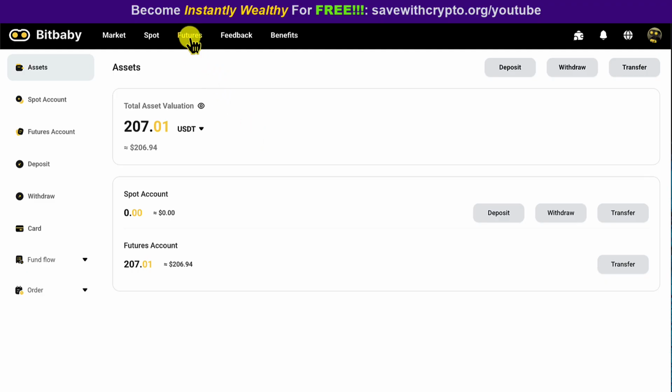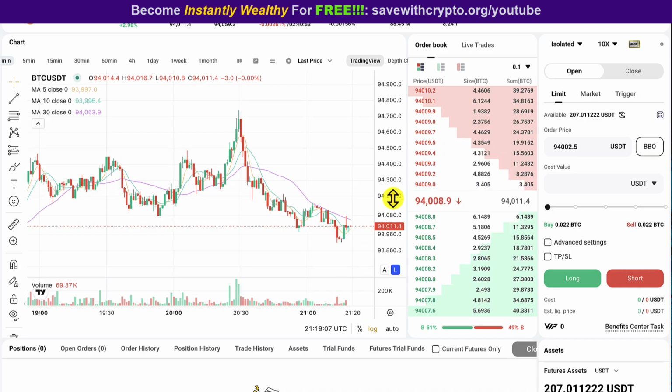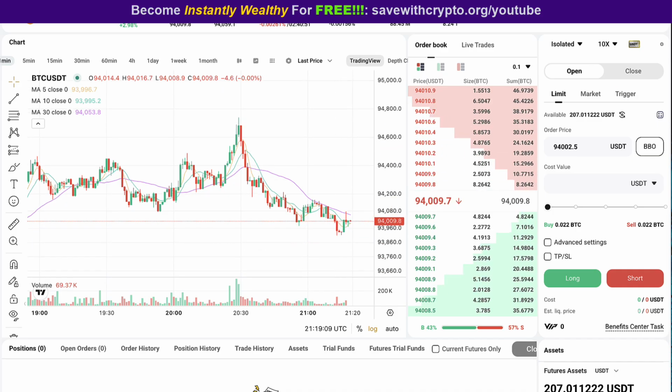Okay, so at the moment, if you go to futures, for example, so this is Bitcoin USDT, and I want to set a limit order. I want to set it at, let me have a look, about 93,839. So let's do that.